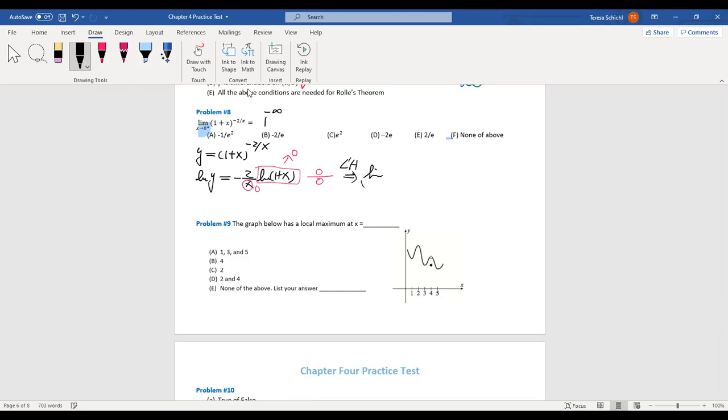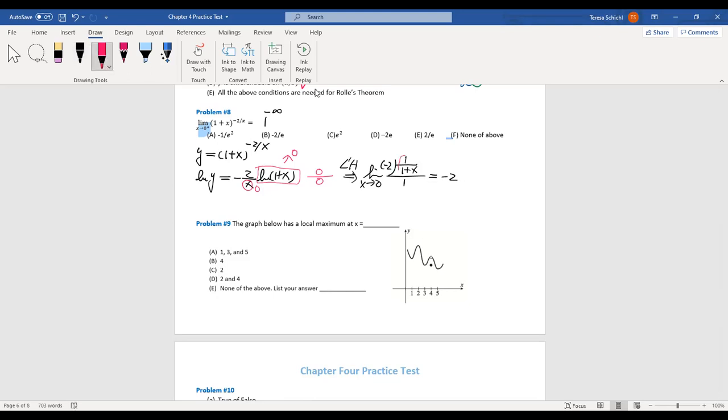So I would say limit as x approaches 0, take the derivative. The derivative of x is 1. The derivative of natural log of 1 plus x is 1 over 1 plus x. Don't forget, I still have a negative 2 in front, right? Now you let x approach 0. What do you have? You have a negative 2, correct?